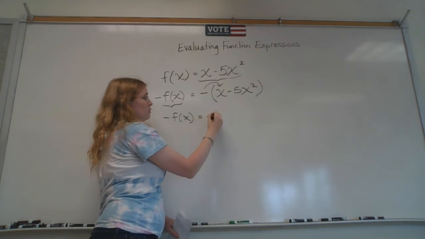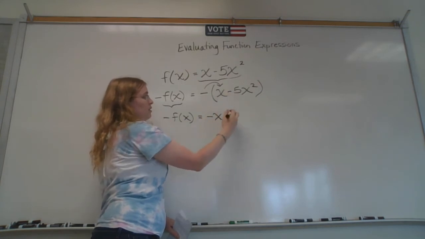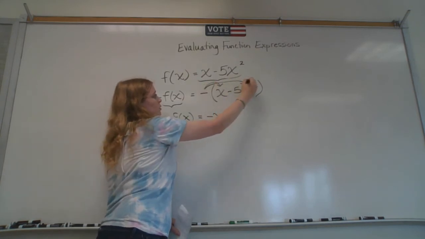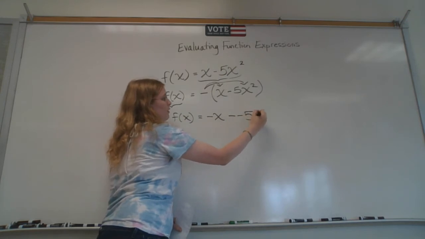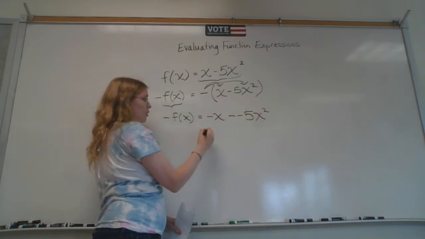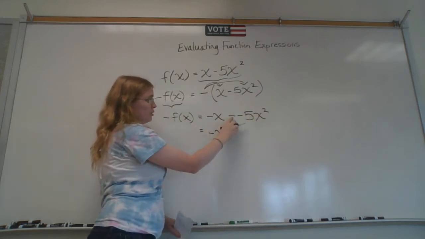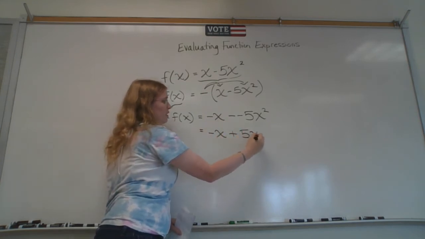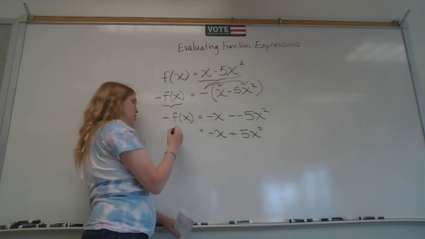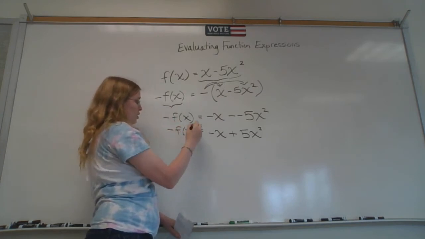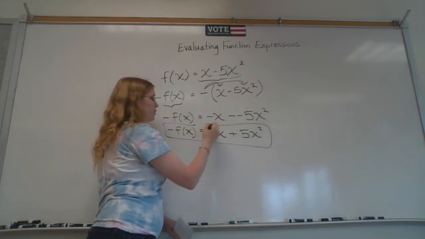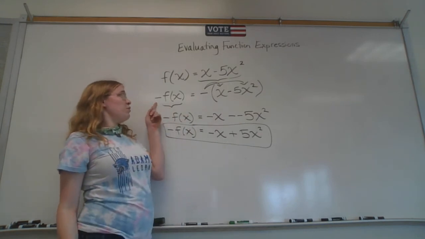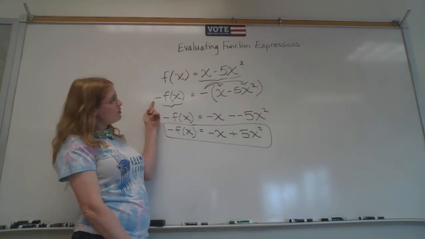Negative x minus negative 5x squared, which of course gets us double minus, negative x plus 5x squared. So this is a good example to notice. What happened when we put a negative in front of f of x?